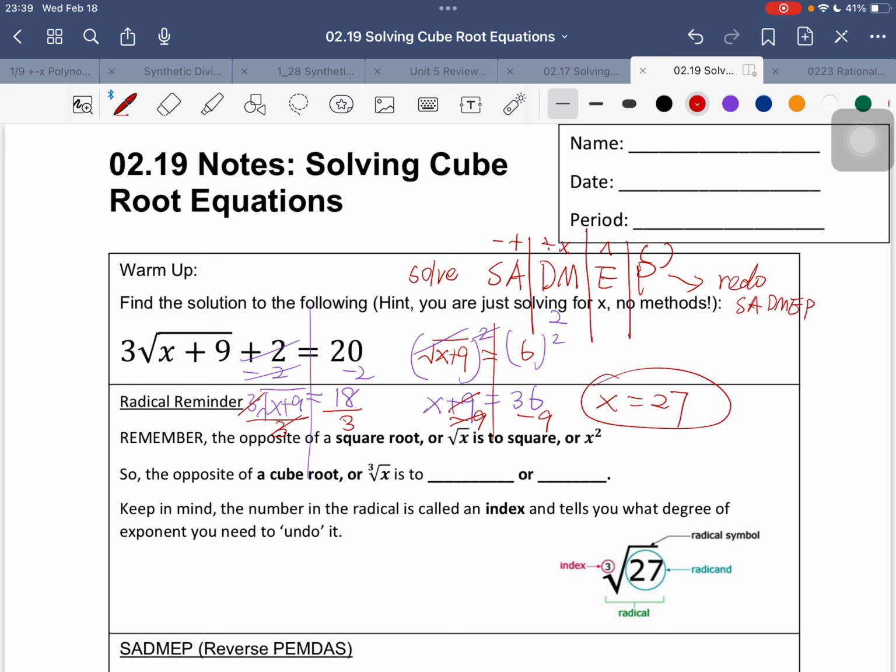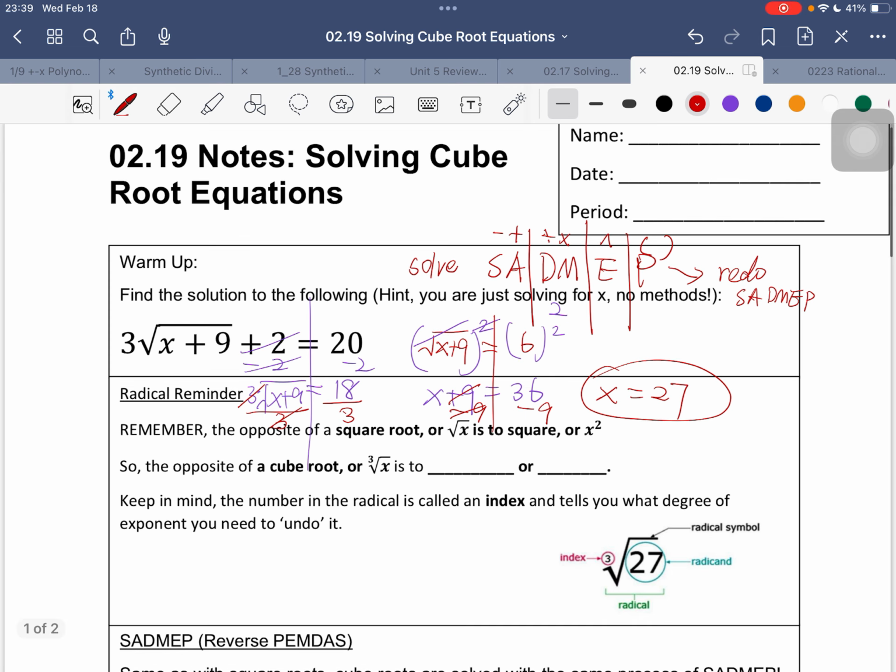So this is the square root. What we're doing today is called the cube root, solving a cube root equation. The only difference is the exponent: from square root it will become cube root. The opposite of square root is square, and the opposite of cube root is cube.